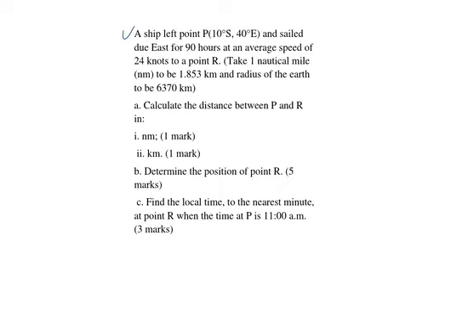So we have the speed, which is 24 knots. We have the time, which is 90 hours. It is important to note that 24 knots means 24 nautical miles per hour.